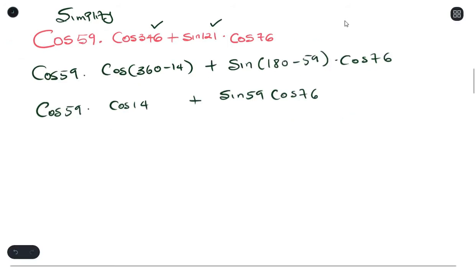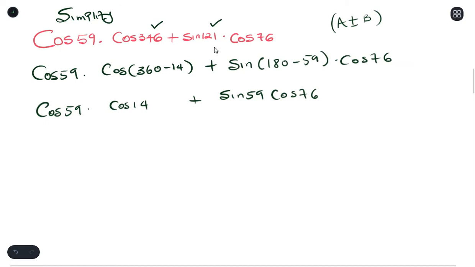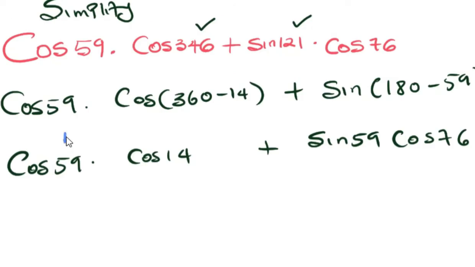In terms of our compound identities, the goal is to always have A and B, plus or minus A and B. So now we need to break them down into possible A's and B's. If this is a compound identity, 59 could be A and 14 could be B. It also makes sense that this will be A, so you can see 59 and 59, that's a good A. Now the problem is the B: here we have 14, and in this case we have 76.